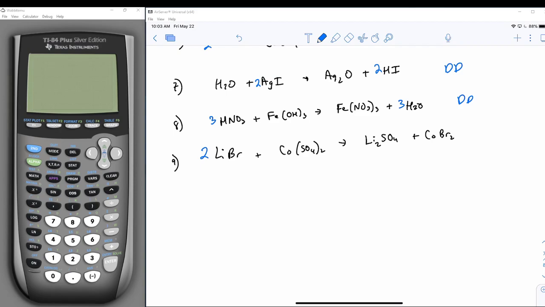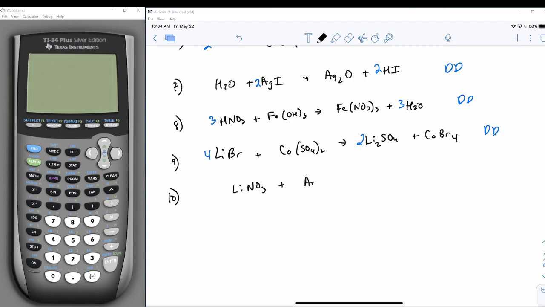Oops, sorry. 4, 2, 2. Oh, sorry. I made a mistake. It's CoBr4. Cobalt 4 sulfate, because the whole sulfate's 2 minus. So cobalt in this case had to be 4 plus. So, my mistake. So this is double displacement. And 10.